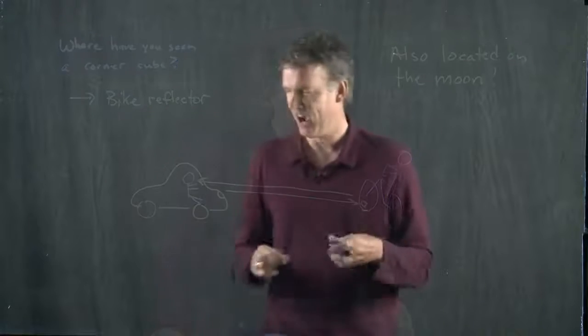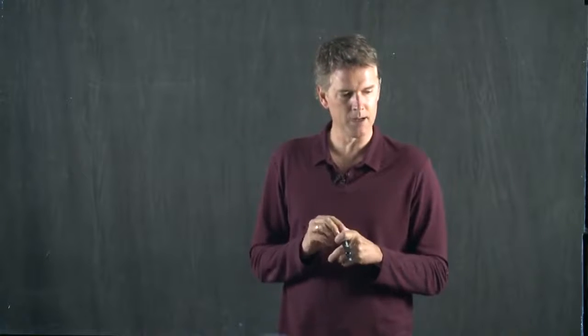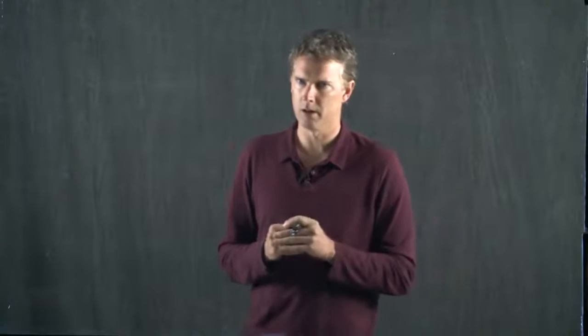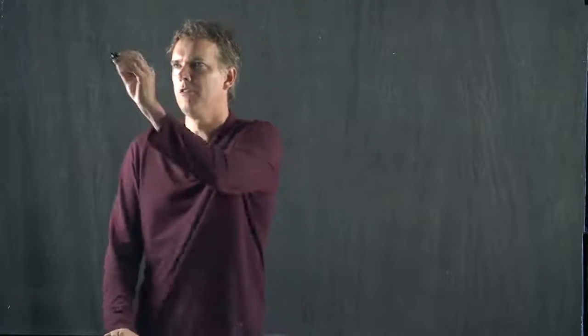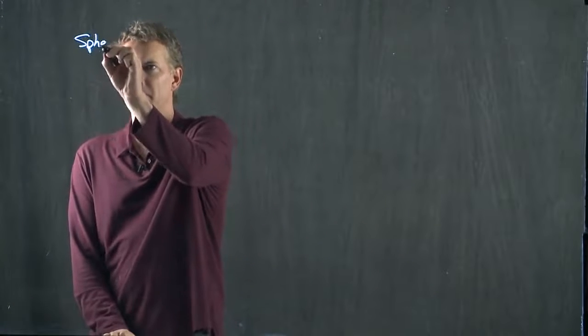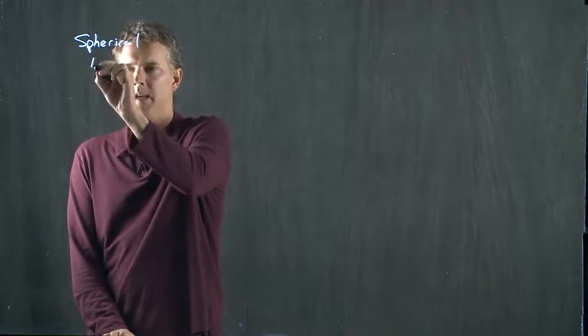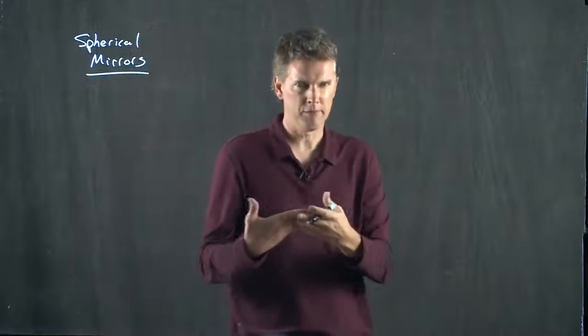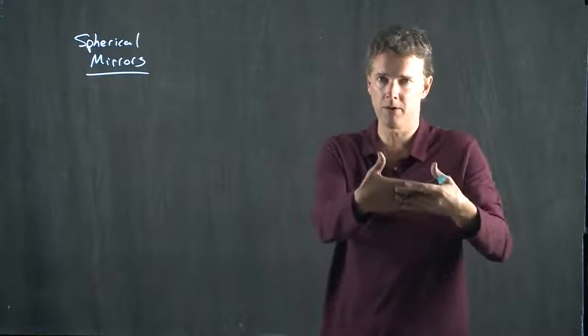Okay. All right, let's talk about spherical mirrors. And let's say a couple things and then I'll give you a clicker question. So mirrors, of course, don't have to be flat. They can be spherical. Okay, and you're all familiar with these. You have them on your car, of course.